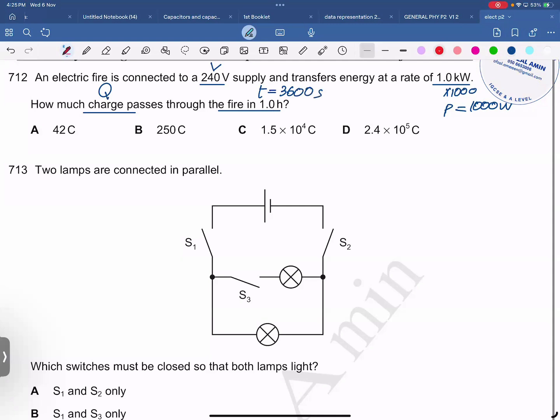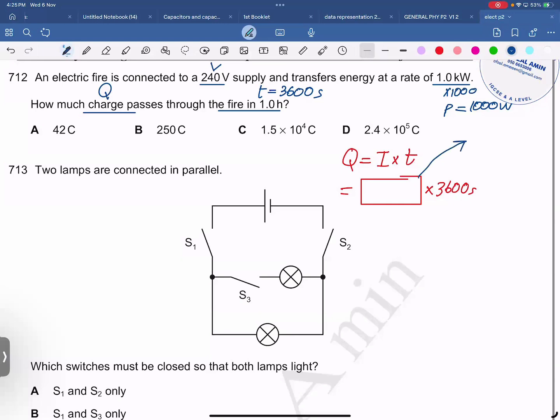I will tell you how we solve. Charge formula is I multiplied by T. We don't know I, but the time is 3600. So we first need to find I. How can I find I?